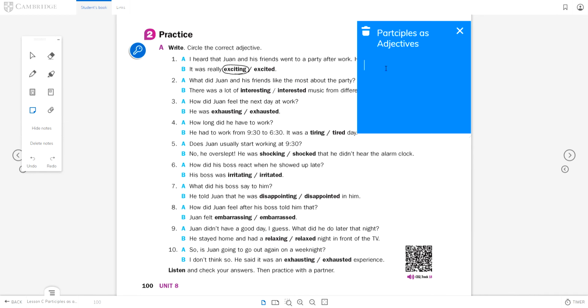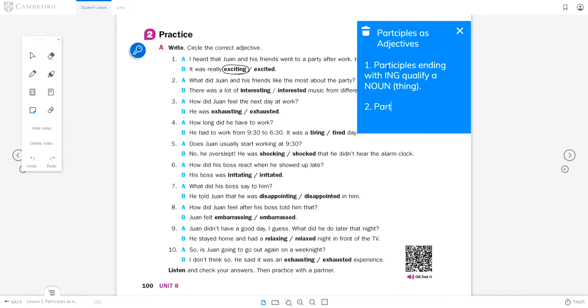Again, we are talking about participles as adjectives. One thing that you have to understand, this is number one: participles ending with ING qualify a noun, a thing. And that's the biggest difference.